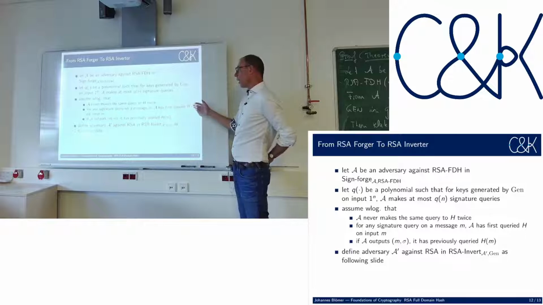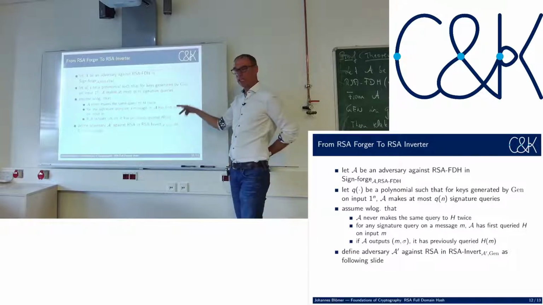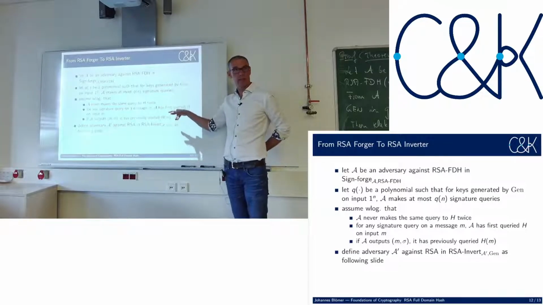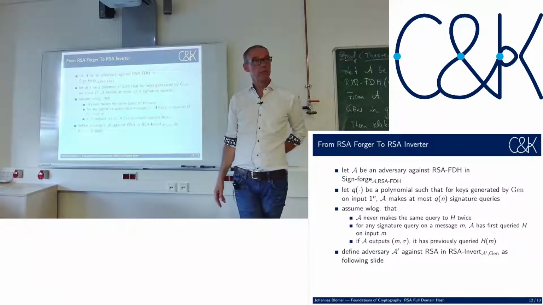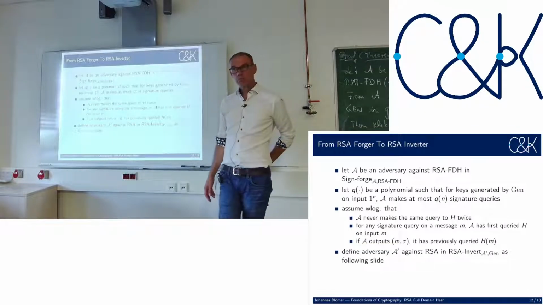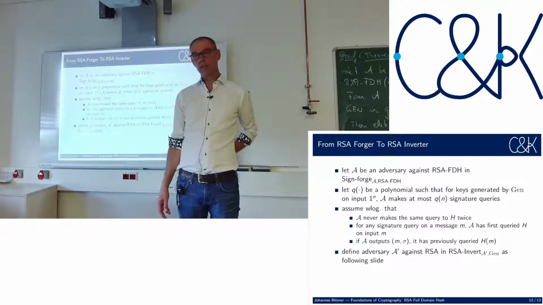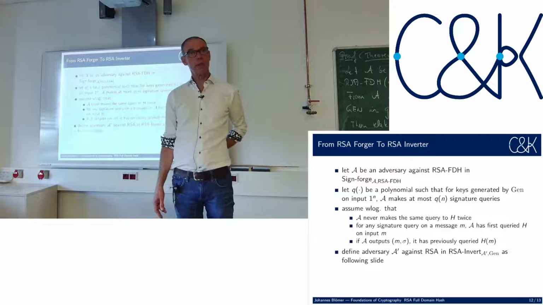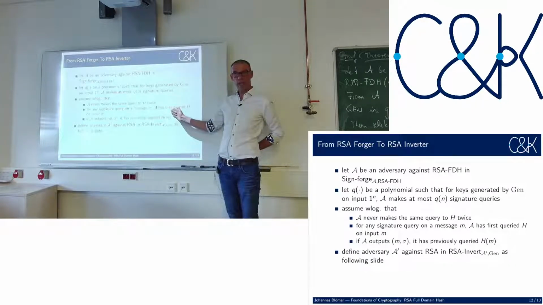Second, we assume that for any signature query on a message M, A has first queried H, or Hn (I always drop this n here), on input M. That can only increase his success probability, because by querying H on M, it gets more information.